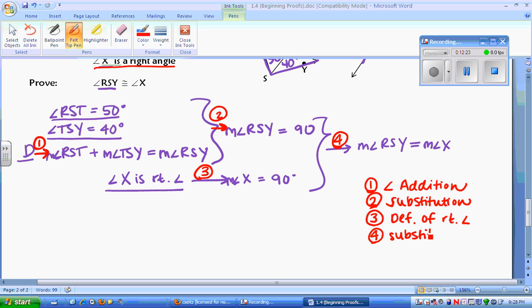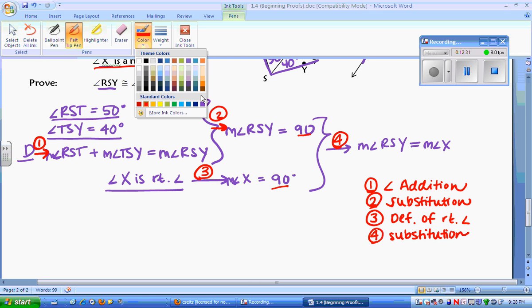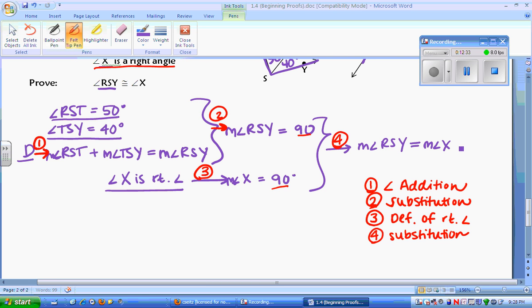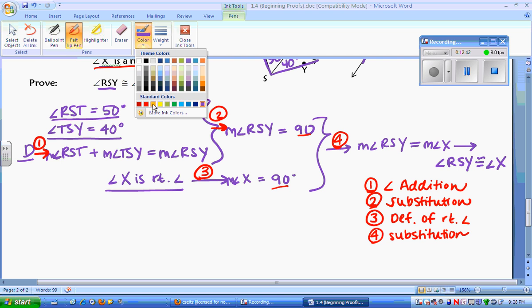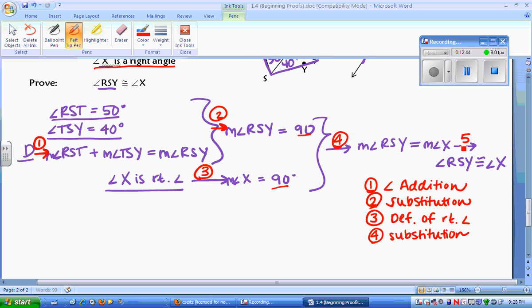Substitution again, because they're both 90, so I can substitute them in for each other. And last but not least, I can now say that angle RSY is congruent to angle X. And this one I mentioned before. Definition of congruency.